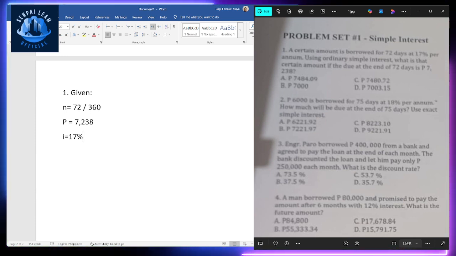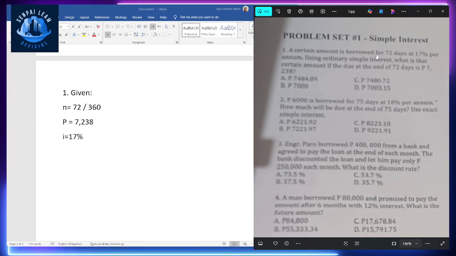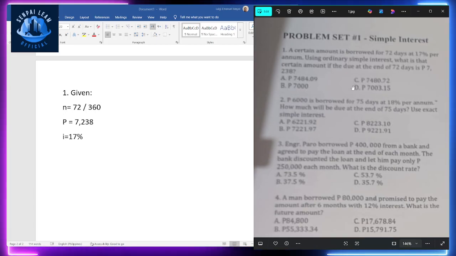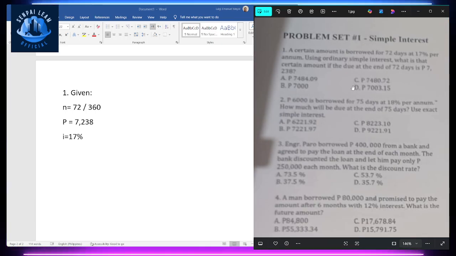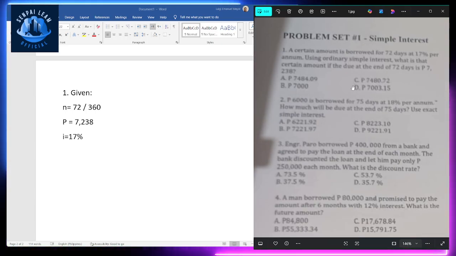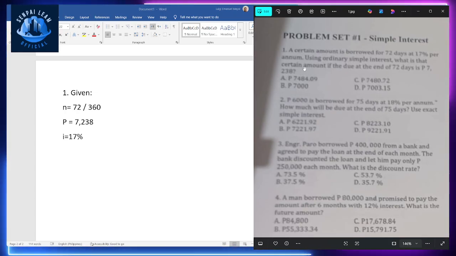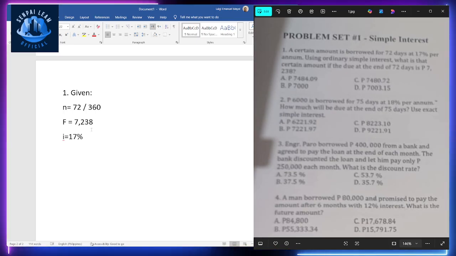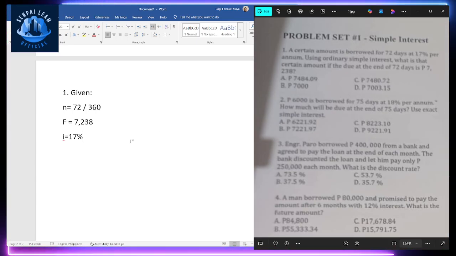The 7,238 is a future value because it's the end of 72 days. We are asking for the present value.